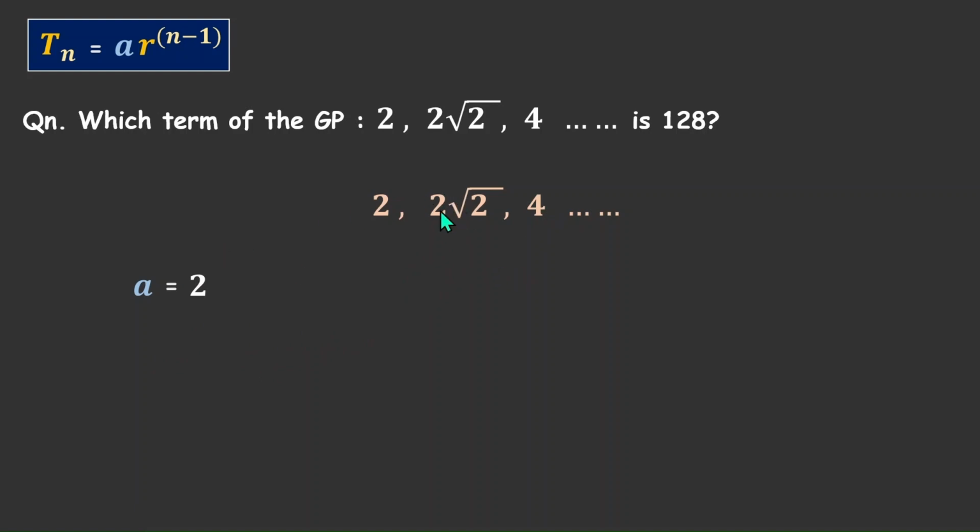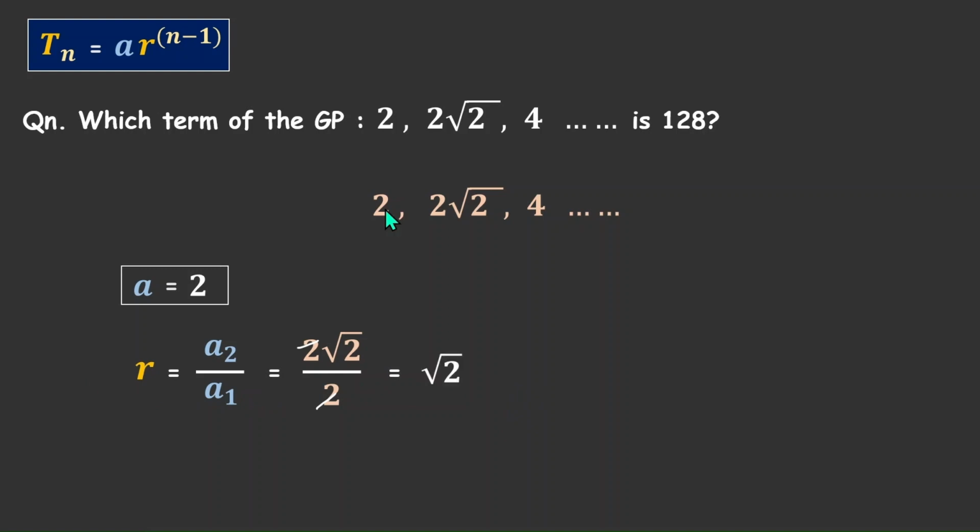So let's take between 2 root 2 and 2. We have R is equal to A2 divided by A1, which is equal to 2 root 2 divided by 2. Here 2 and 2 get cancelled out to give us that the common ratio is root 2.